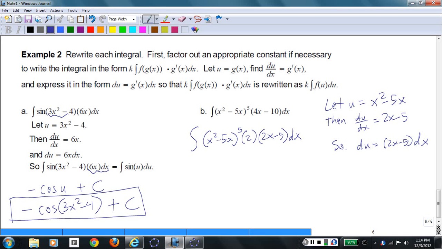The only issue is the 2. So the 2, I can just drag that out in front of the integral. I can say this is 2 times the integral of x squared minus 5x to the 5th power times 2x minus 5 dx. Having done that, all the x's can be replaced by u's. It's going to be 2 times the integral of u to the 5th du.